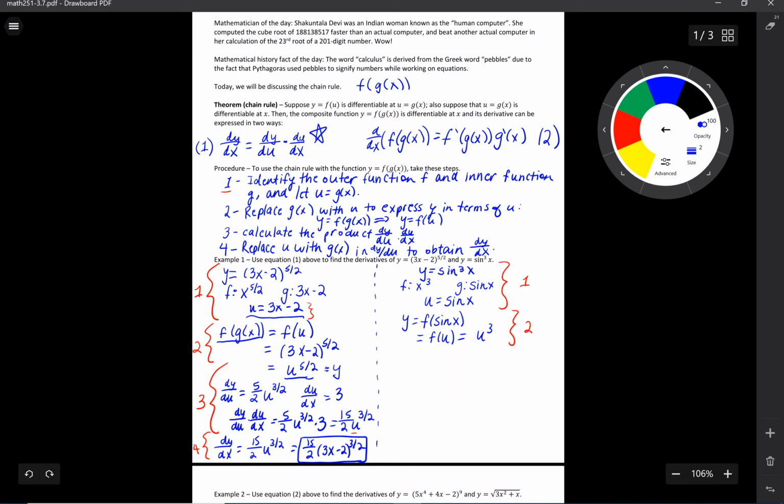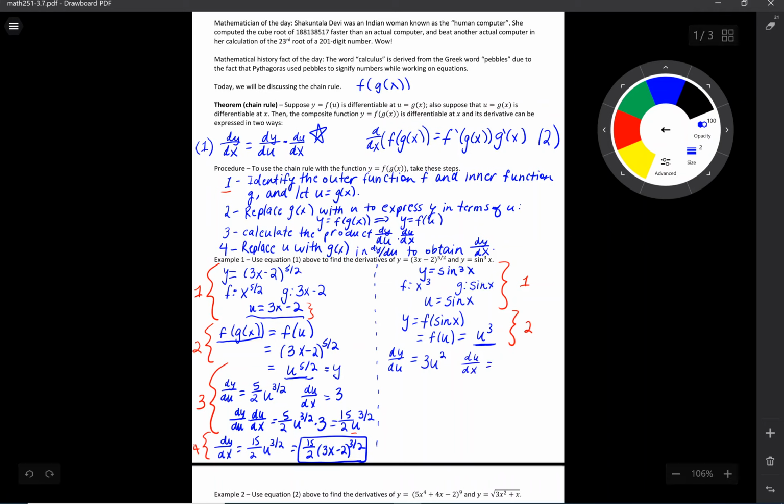Now I need to find dy du and du dx. So dy du is the derivative of this guy treating u as the variable. So the derivative of this is 3u squared. And then I also need du dx.